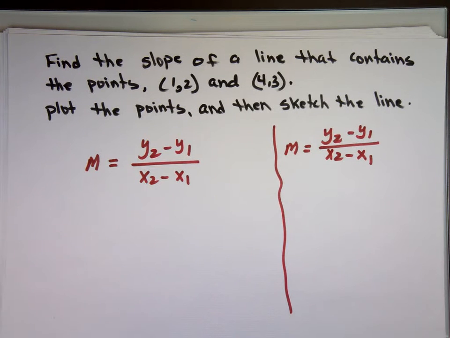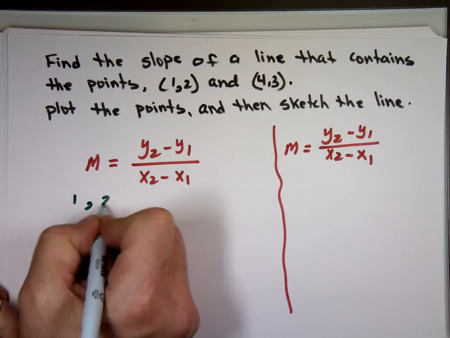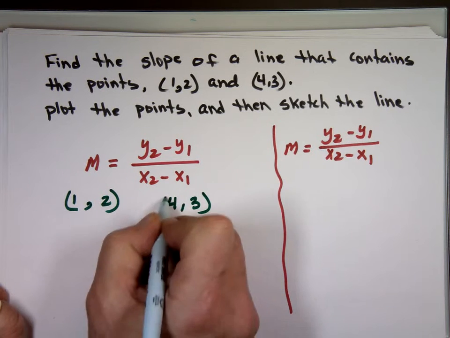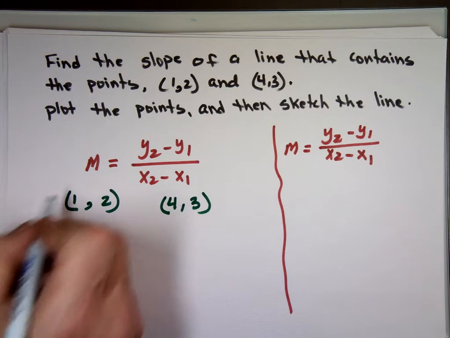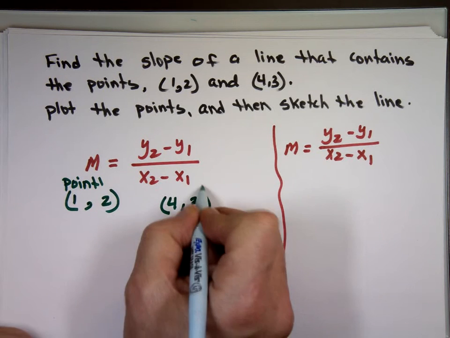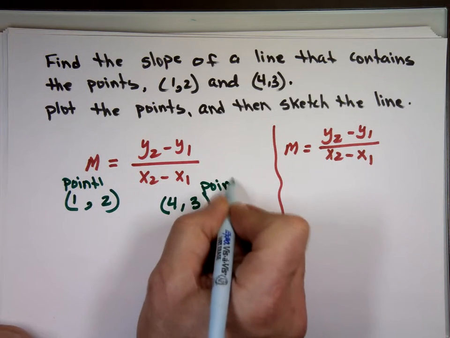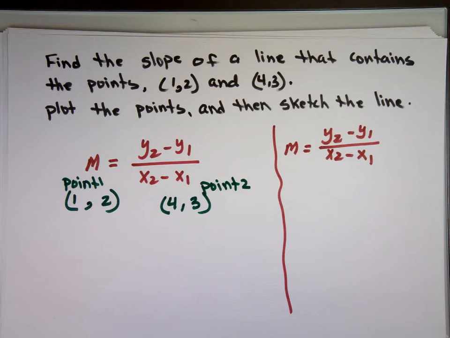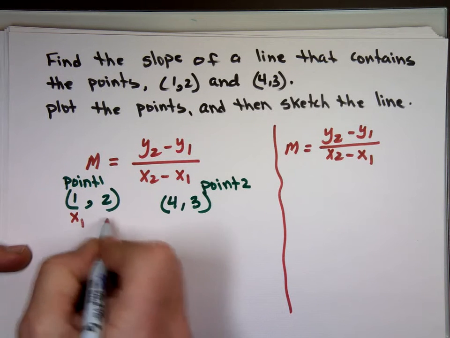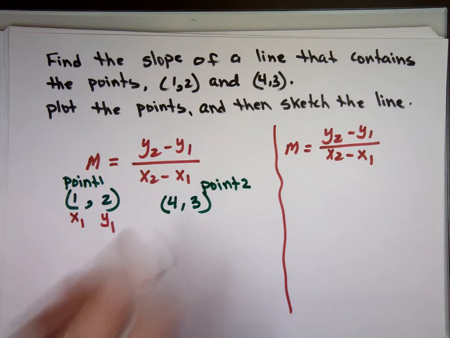So the first time I'm going to do this, here are the 2 points, 1, 2, and this is 4, 3. I'm going to make this my point 1, and this is my point 2. The second time I'll flip-flop them. So if this is point 1, then this is the x value of point 1, this is the y value of point 1. That's what x sub 1 is.